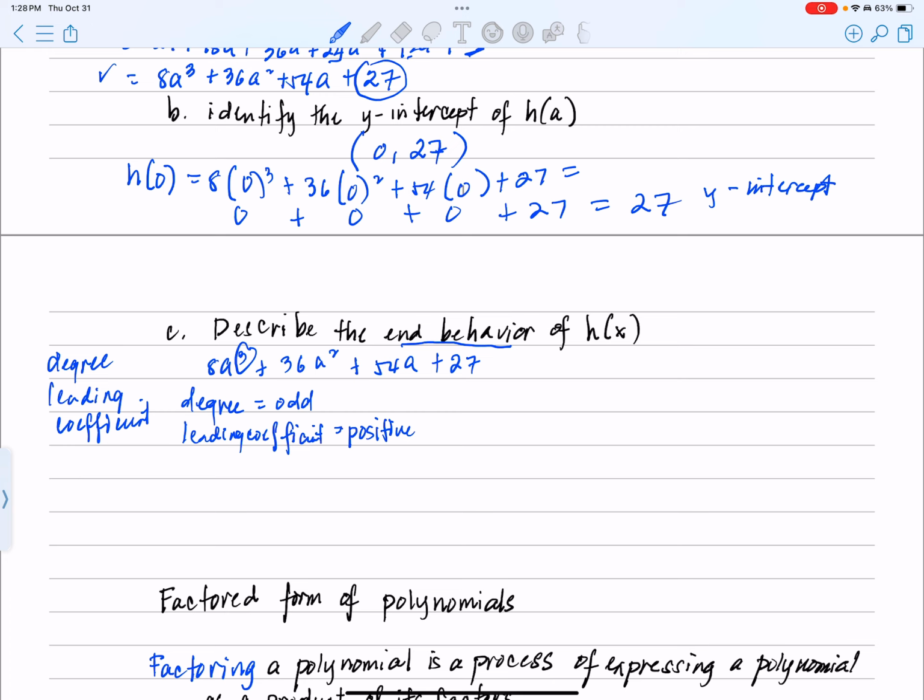So, what will be our end behavior here? Remember that the limit as x approaches positive infinity, h of x is equal to positive infinity, and the limit as x approaches negative infinity, h of x is negative infinity.